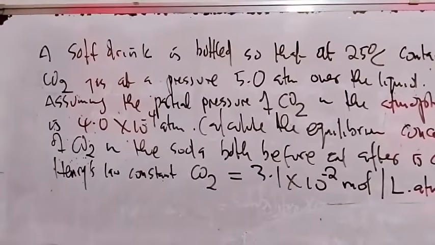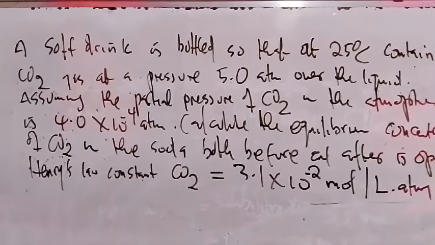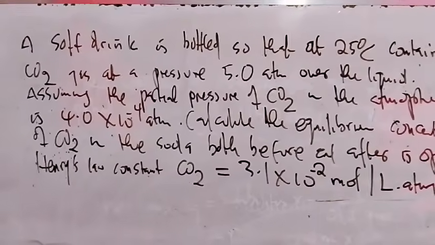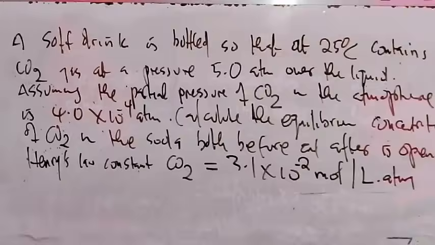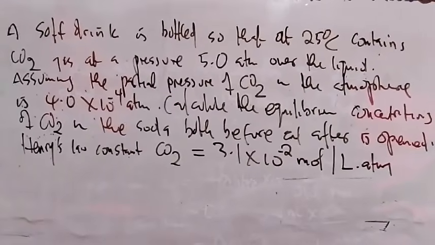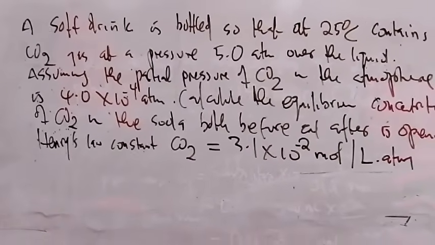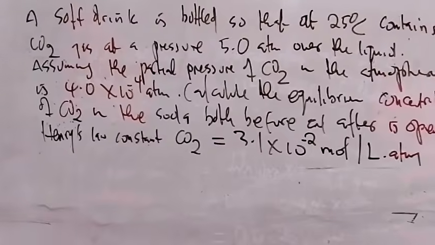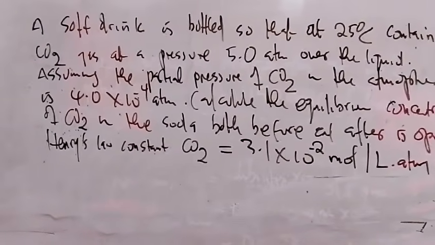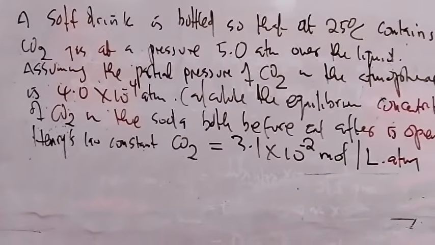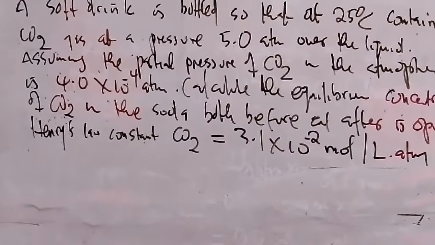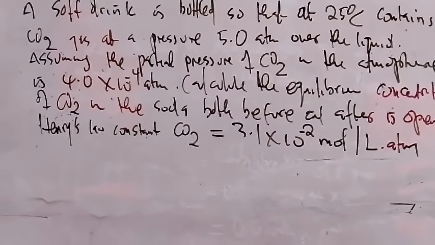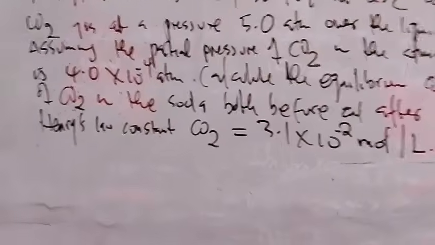A soft drink is bottled so that at 25 degrees Celsius it contains carbon dioxide gas at a pressure of 5.0 atm over the liquid. Assuming the partial pressure of carbon dioxide in the atmosphere is 4.0 times 10 to the power negative 4 atm, calculate the equilibrium concentrations of carbon dioxide in the soda both before and after the bottle is opened. So this is Henry's law constant.